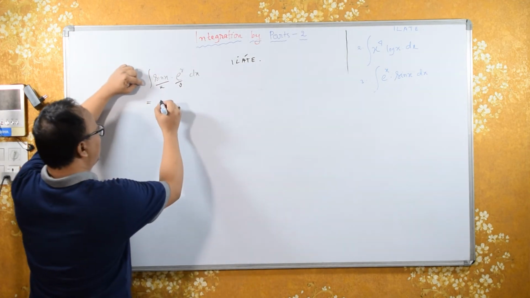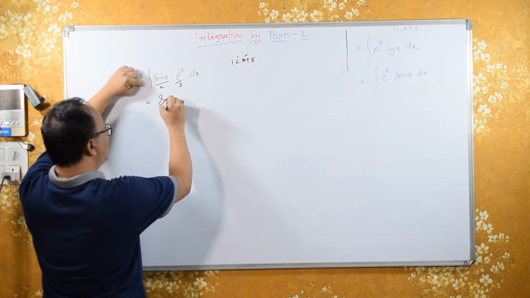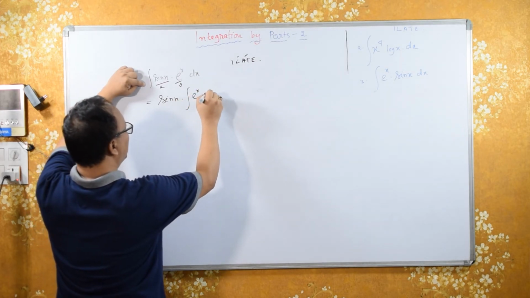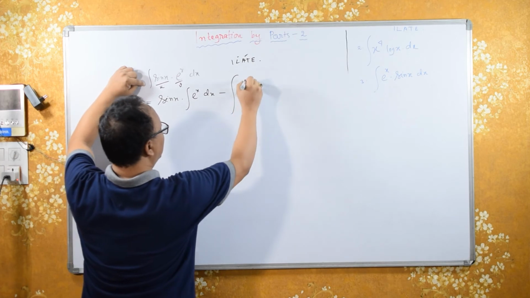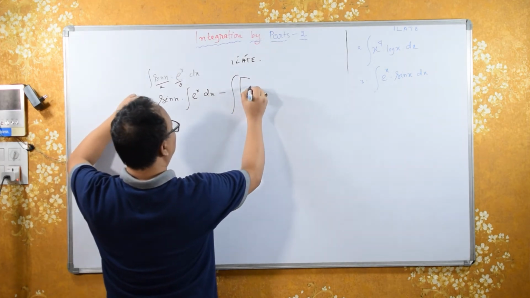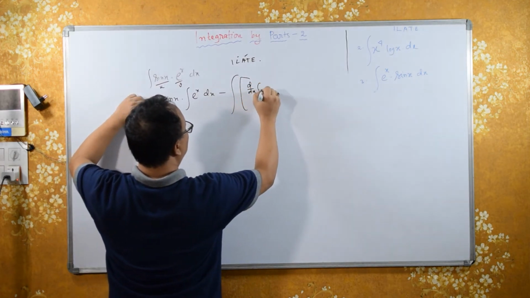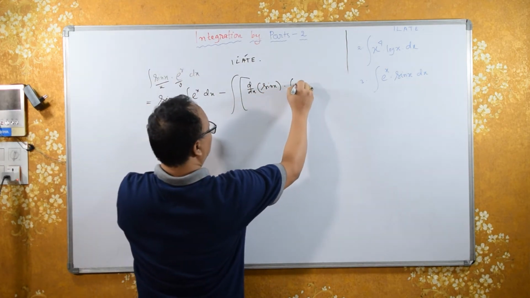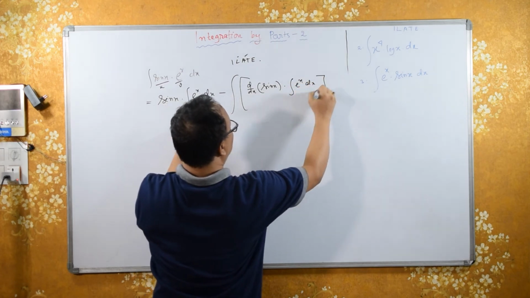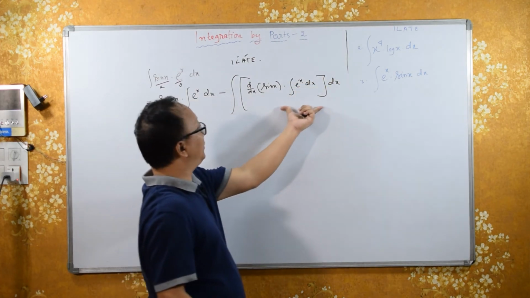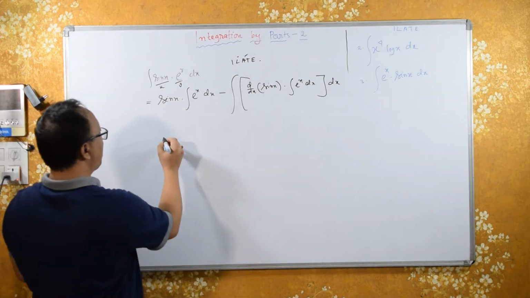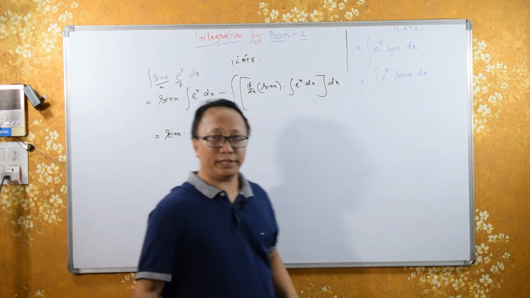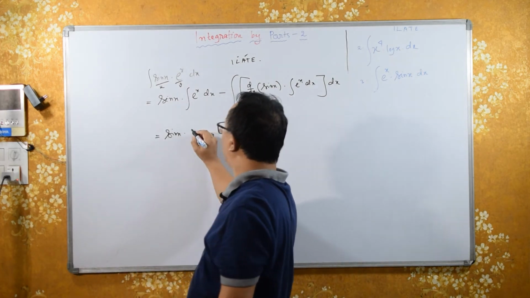Now therefore it is sine of x, u, into integral of e raised to x dx minus integral of d by dx of sine of x into integral of e raised to x dx, and after that you have to integrate whatever you have with respect to x. Okay, this is the same as sine of x. Now e raised to x integrated is the same as e raised to x. We have this e raised to x.